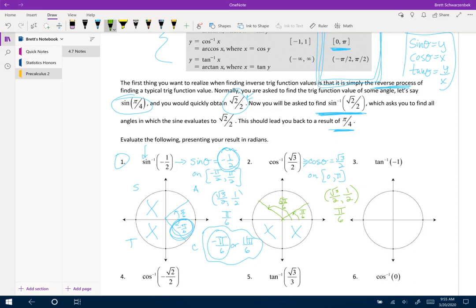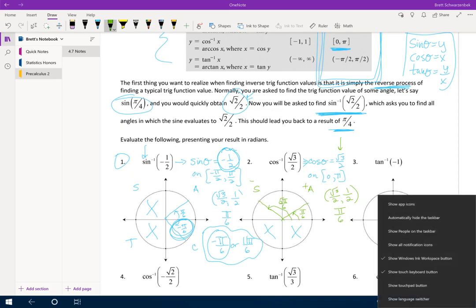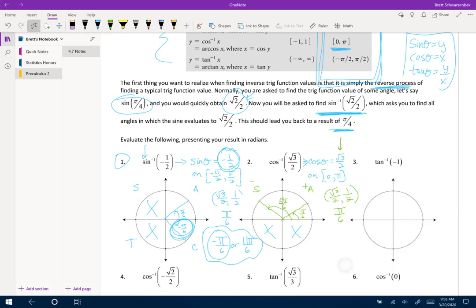So if you look at our result here, we have a positive result. If we look at all students take calculus, you can clearly see that cosine is positive in quadrant 1 and negative in quadrant 2. So since we have a positive √3/2, that means our answer has to be the one in quadrant 1, which means the result is simply going to be π/6.